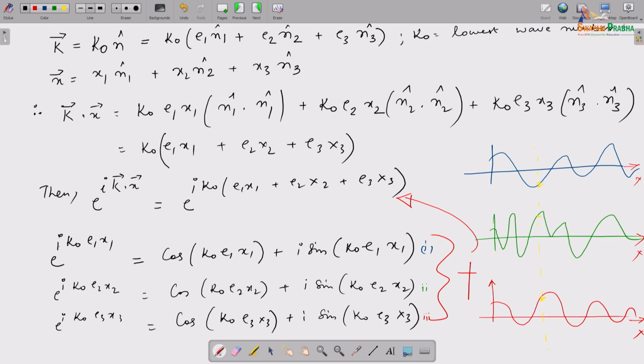As you can see, this is like a periodic function. As a matter of fact, I haven't exactly drawn these three as periodic functions, but you get the picture.